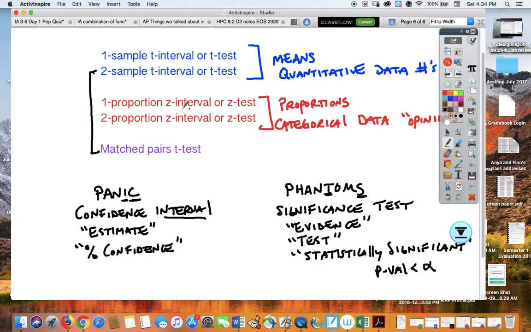And then I have to decide, is it an interval or a test? So that's where I look at keywords like this. Are they asking me to estimate or are they asking for evidence? Do I see a percent confidence or do I see something about testing for statistically significant evidence? So those are kind of the key words to think about.